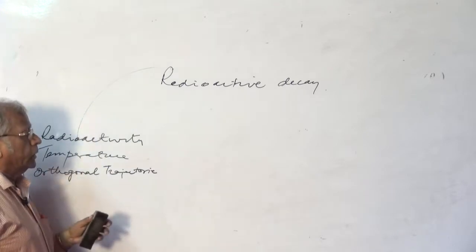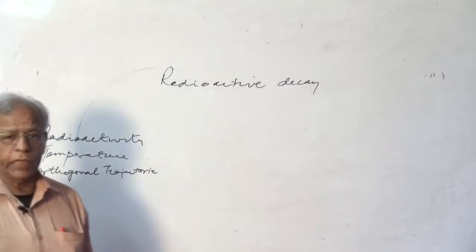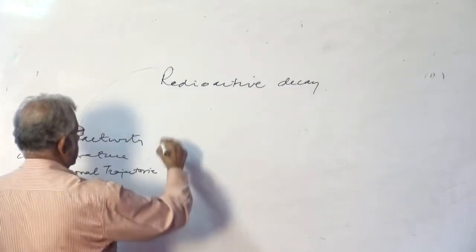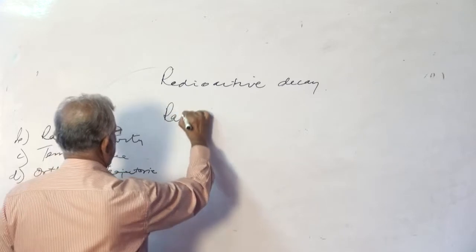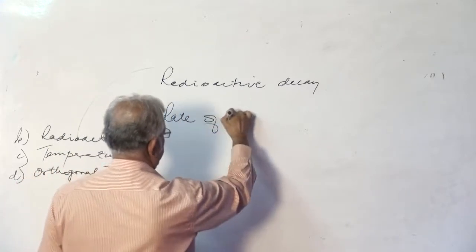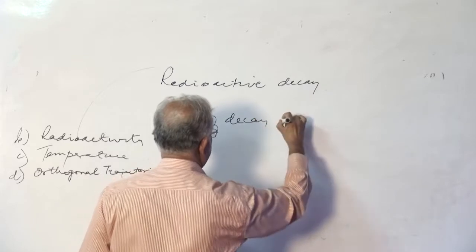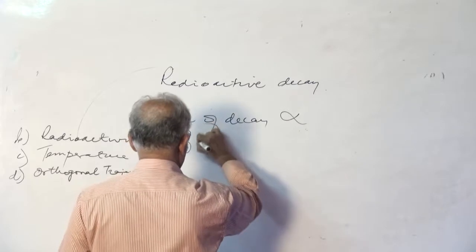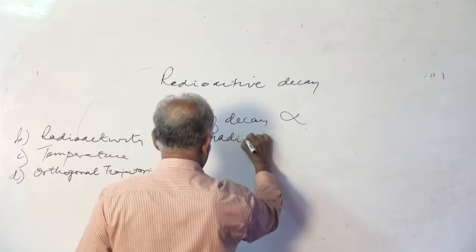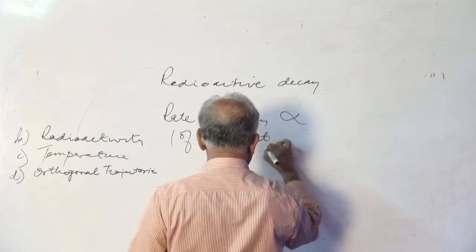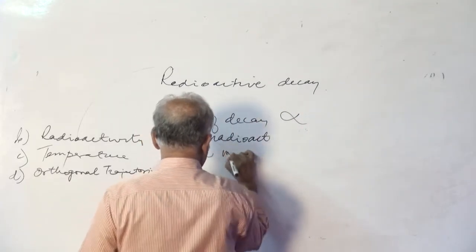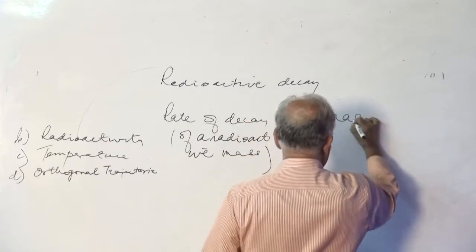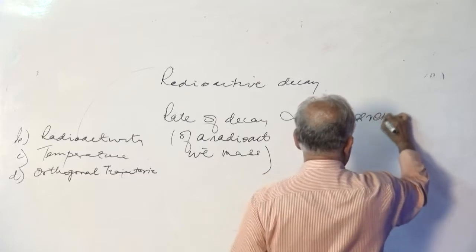And scientists stated a very simple law of decay that they found experimentally, which states that the rate of decay of a radioactive mass is proportional to the mass remaining.